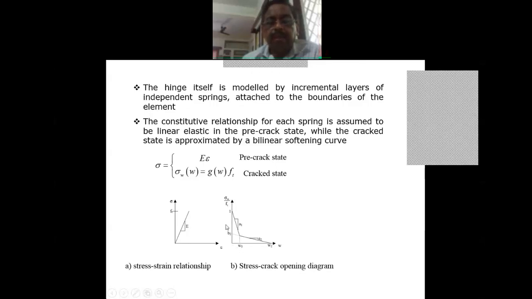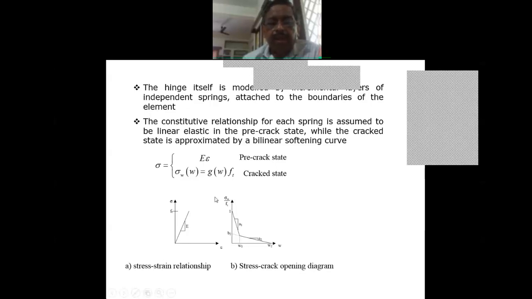That's why we say strength versus crack opening, or stress versus crack opening. To normalize this stress, we take sigma by ft, and it is taken as 1, or you can take it as sigma x also. But instead of 1, it will be ft, whatever your direct tensile strength is. That only we have to take.